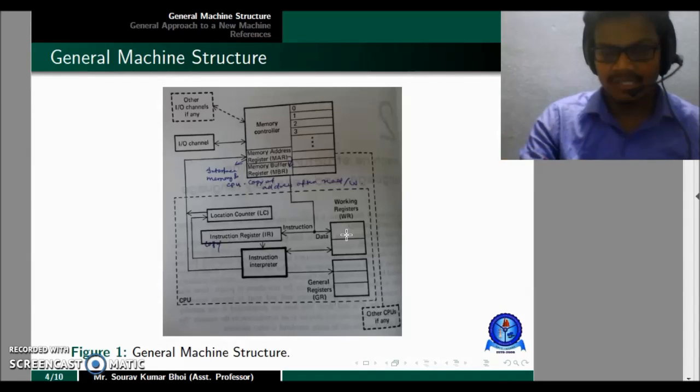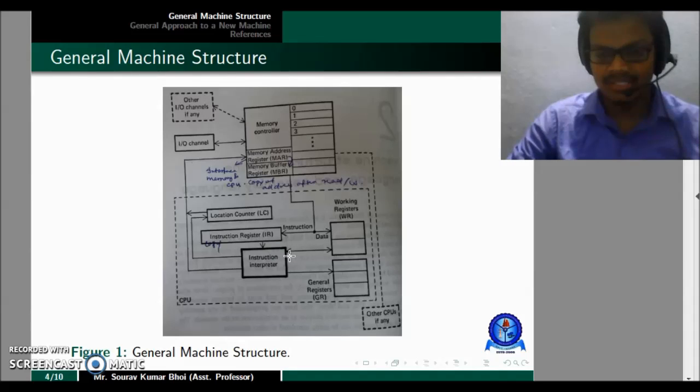Suppose x is 2 and y is 3, then we get 5. That result is transferred to the instruction interpreter, and from there the results are passed to the general purpose registers. The general purpose register stores the data of the computation, or the output. So this is the basic structure of a general machine and a CPU.